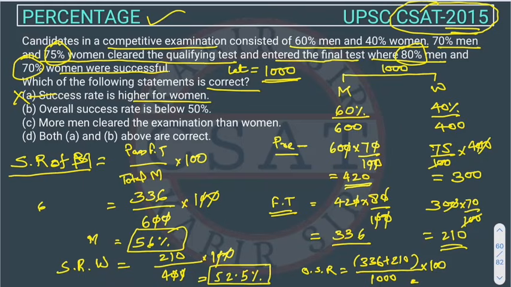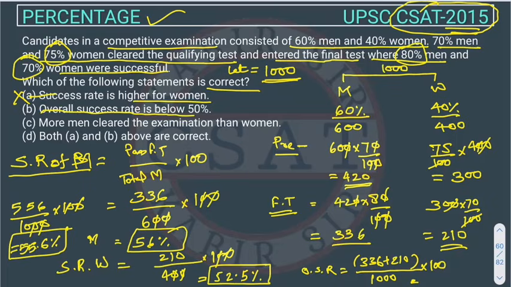We have to add this, 1000 into 100. So these 20 will cancel these 20. So it will be 55.6. 55.6% is the total success rate, right? So the overall success rate is below. It's not below. So this is also wrong.